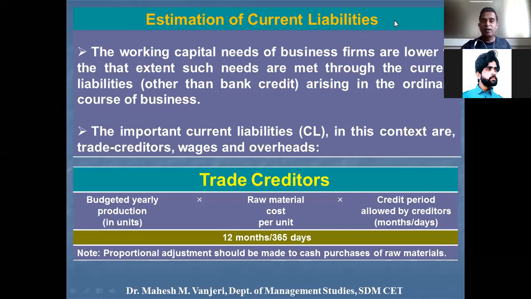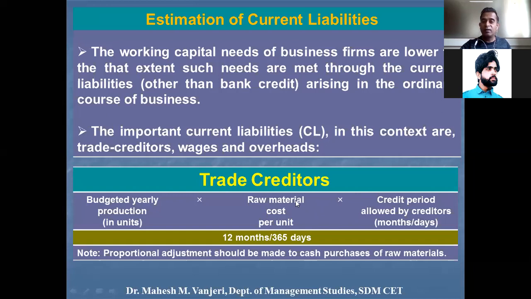Then estimation of current liability: trade creditors, budgeted yearly production. This is generally related to raw materials. So budgeted yearly production in units multiplied by raw material cost per unit multiplied by credit period allowed by creditors. The company also may be purchasing on credit basis from its suppliers.